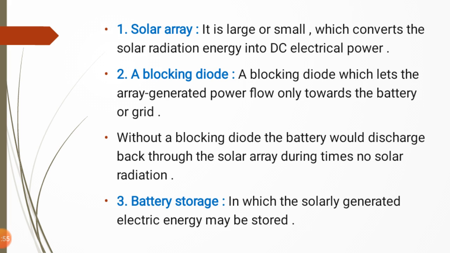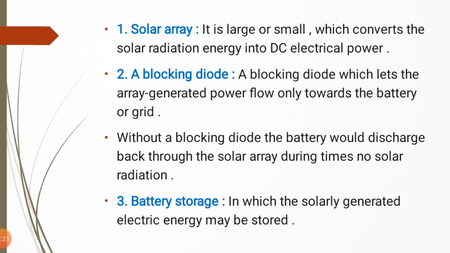It functions only as a distributor. That means it only passes the electricity generated from the solar cell, and this electricity passes towards the battery or grid.